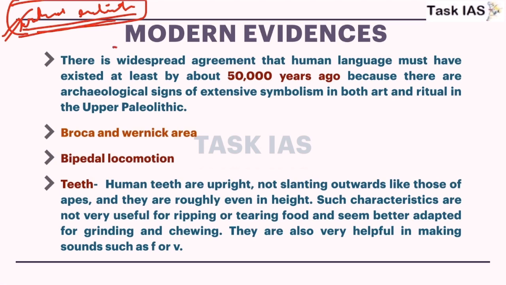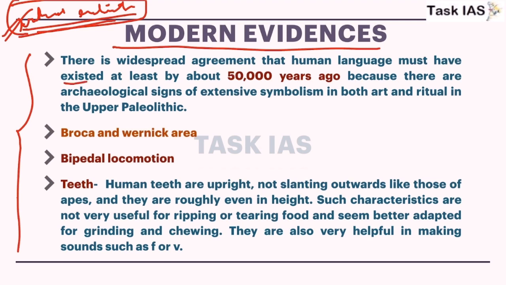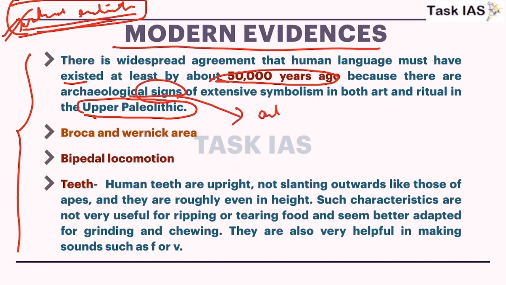So now, from different theories, some points have been gained regarding how language may have originated, and these points have been summarized here. Firstly, there is now agreement that human languages must have existed around 50,000 years ago, because that time was related to the Upper Paleolithic period, and in that time signs in the form of various arts and paintings have been found.